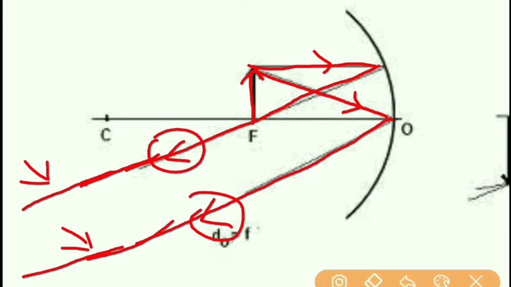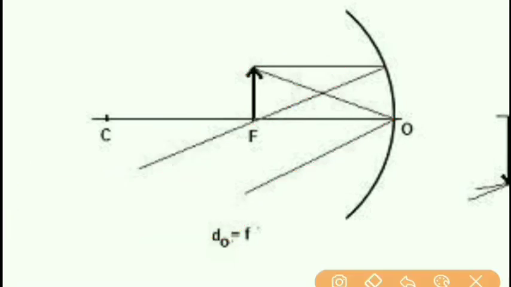And if the image is formed at a very large distance, then its size is also very huge. So definitely when the object is placed on the focus, the image is formed at infinity. Once again the image is real and inverted, but its size is very large.